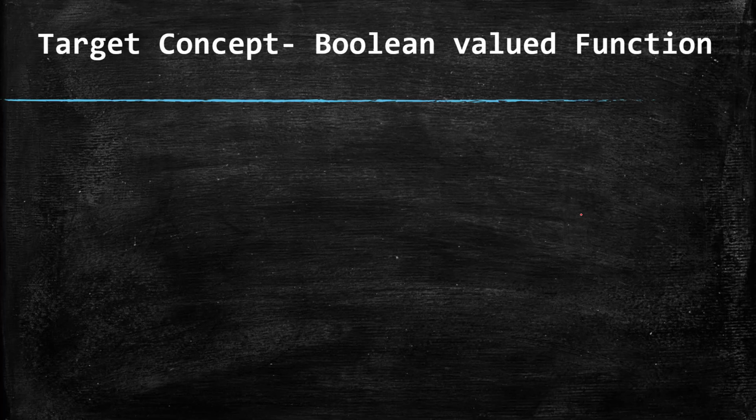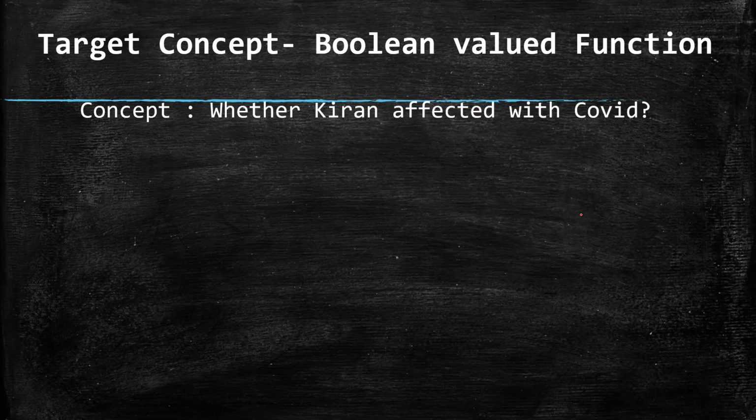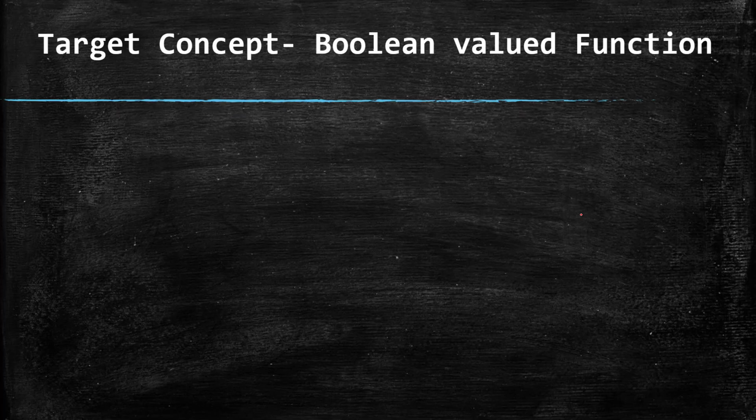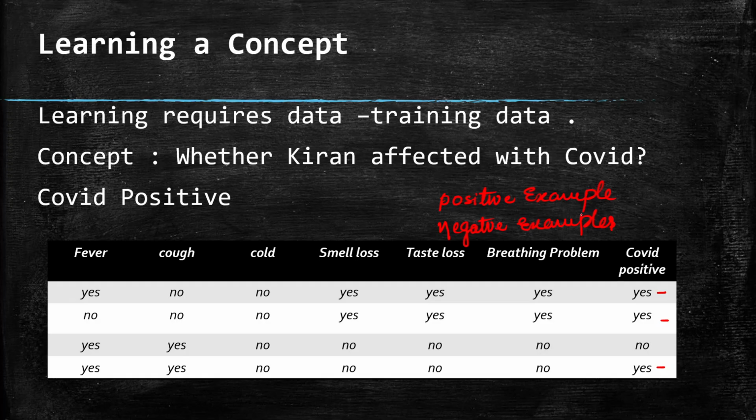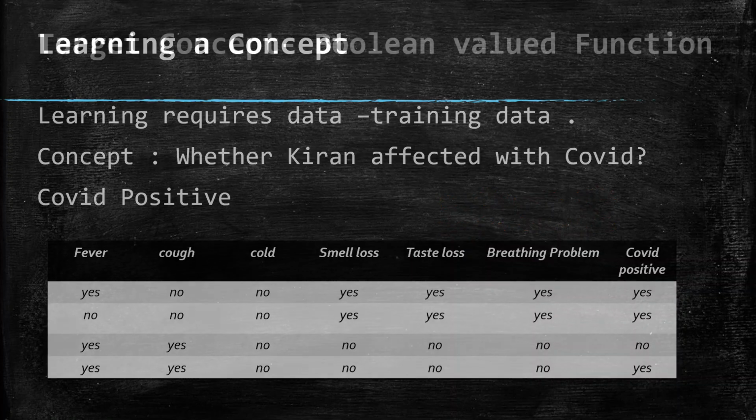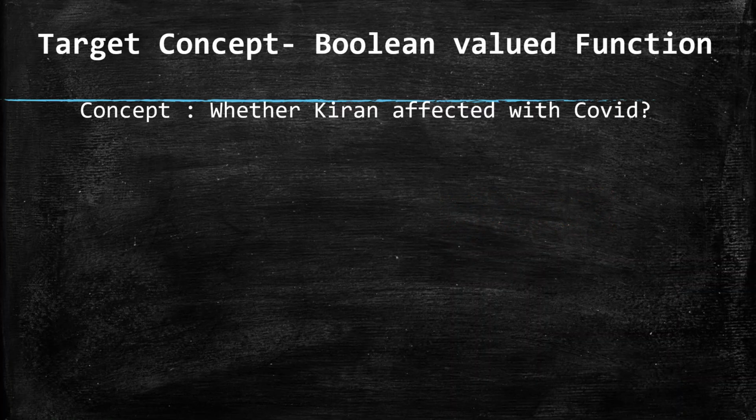Now, we may have many concepts. In that, we want to learn the concept whether Kiran is affected with COVID or not. Here, these values are x. We can say that all these are the set of x: fever, cough, cold, smell loss. Based on this, we can learn many concepts, but here we are interested only in whether Kiran is affected with COVID or not.